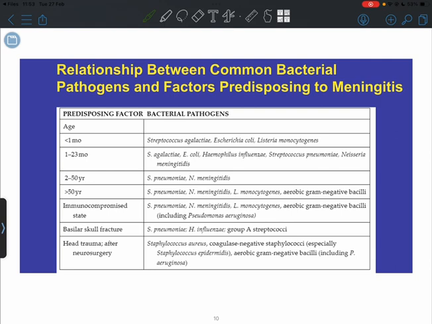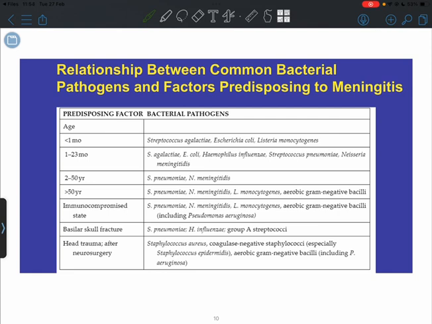And then at the other extremities of age, whether it's less than 1 month or less than 2 years or more than 50 years, you see the introduction of other microbes. And this is also true for the immunocompromised, and head trauma, that's the physical barrier breakage that enables other bugs to cause the infection. So the idea here is proper history taking and exam helps us understand the issue of that subject and treat them accordingly.